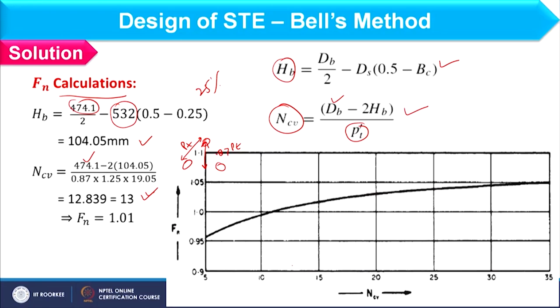Okay. Now, once I am having NCV as 13, you can use this graph and somewhere here you can find the value, and if you see the value will be around 1.01. Okay. If you find the value from this graph, it should come as 1.01, the FN value, right.